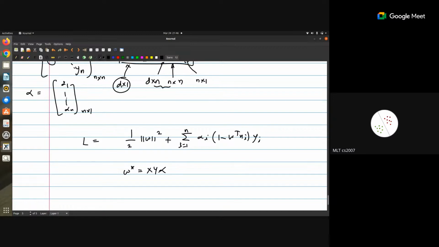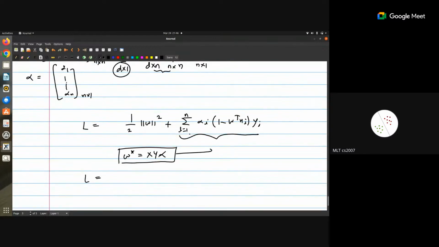You'll have to make that also into vector form. And if I substitute everything, what should be the Lagrangian function? You can try it later. You just have to make this also in the vector format, and then you should substitute it. Where will you substitute? Here also, and wherever W is there, you just put this value.